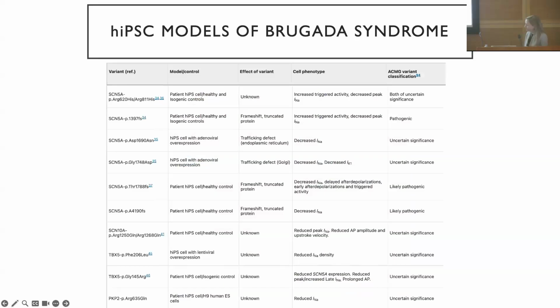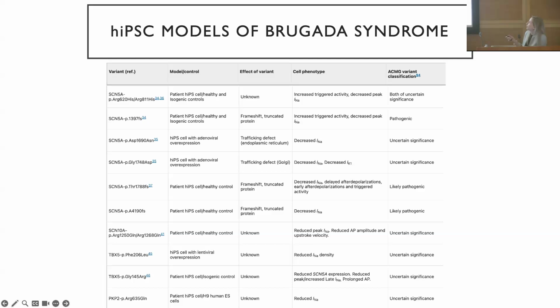And so to give you an idea of what the landscape currently looks like, these are all the iPS models of Brugada syndrome that have currently been generated. And you can see that a few of them have mutations in SCN5A, but some of them are in other genes that are not known monogenic causes of Brugada syndrome, and almost certainly are not. And actually, most of these variants are of uncertain significance.